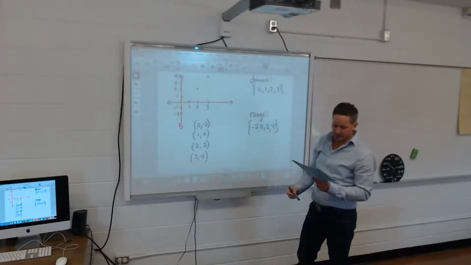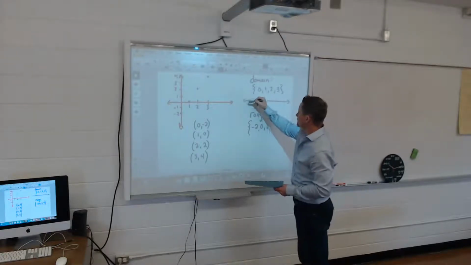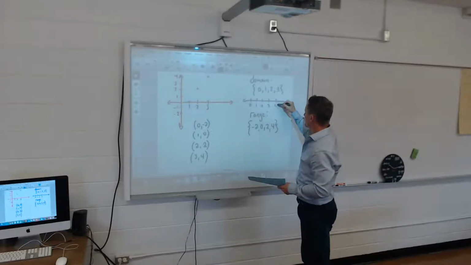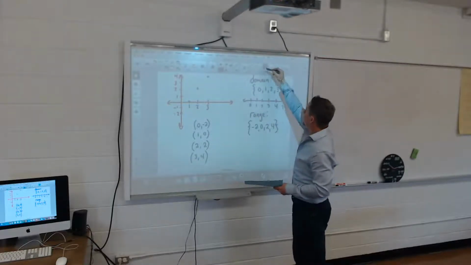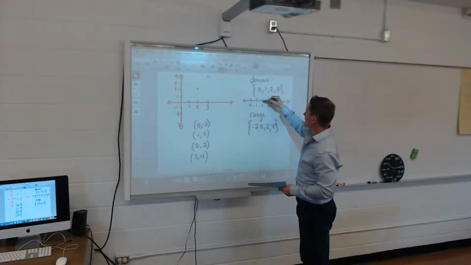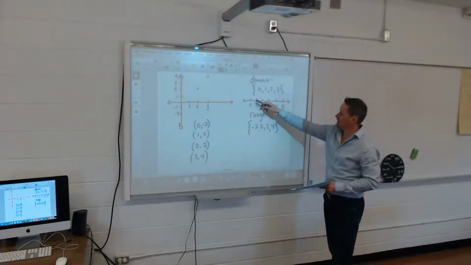But it asks you to use a number line. So I draw my number line. And then I put dots where they occur on the number line. So for my domain, I would have 0, 1, 2, and 3 with dots on it.